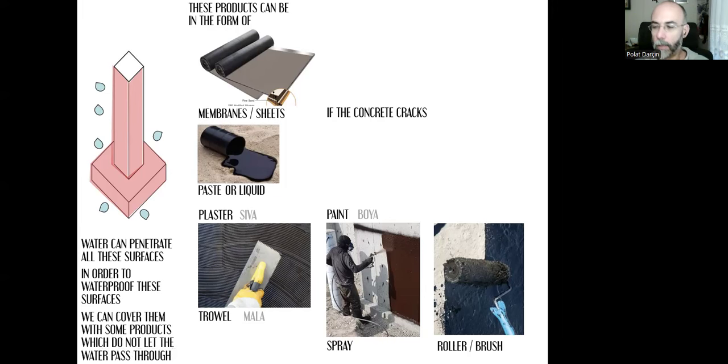These cracks can be because of heat differences. If we heat the concrete and then let it cool, then because of these heat differences, the concrete will first expand and then contract, so that all these volumetric changes may end up with cracks.